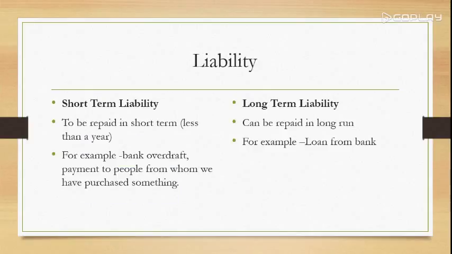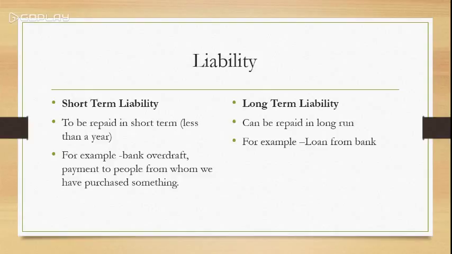Liabilities are also of two types. One, short-term liability, and one is long-term liability. Short-term means that liability is to be repaid in short term. Mostly it is less than a year.